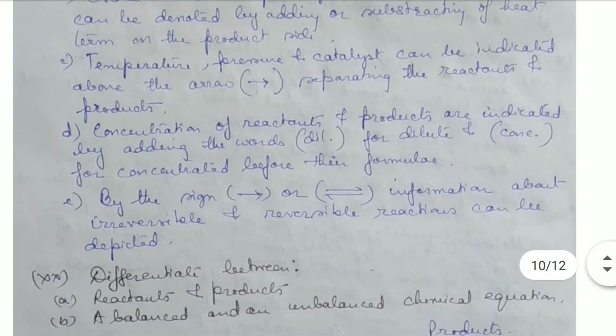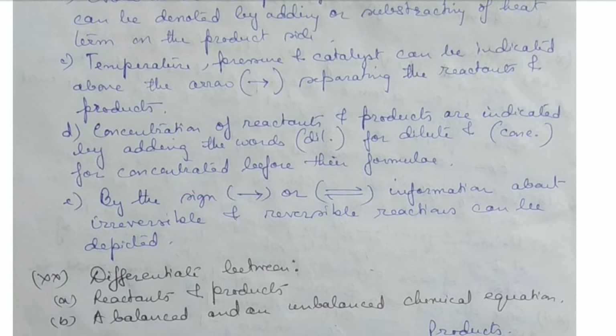Then temperature, pressure and catalyst can be indicated above the arrow sign. When the reactants and the products are written, in between there is an arrow. So above the arrow, we write the temperature, pressure or the catalyst. That indicates what temperature is required for the reaction, what pressure is required, and if any catalyst is used or not.